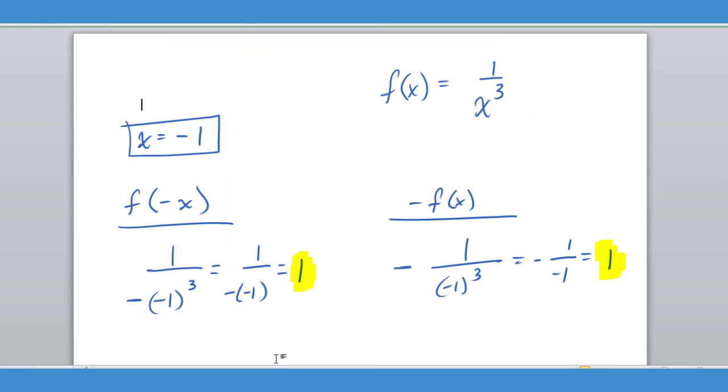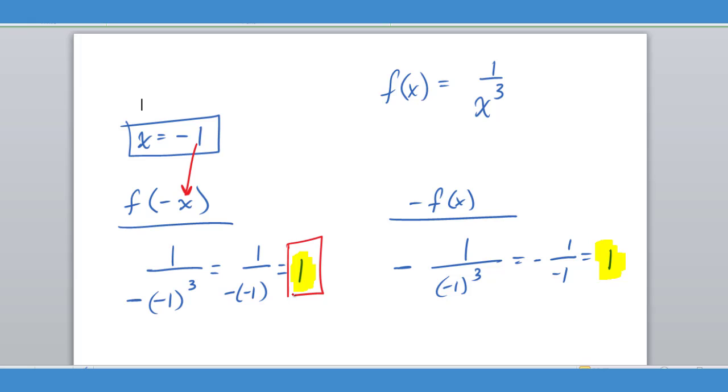So I have my original function, f of x equals 1 over x to the third, and I'm going to evaluate this function at x equals -1. Plugging in negative values, ultimately I'm going to get a value of 1 for that.